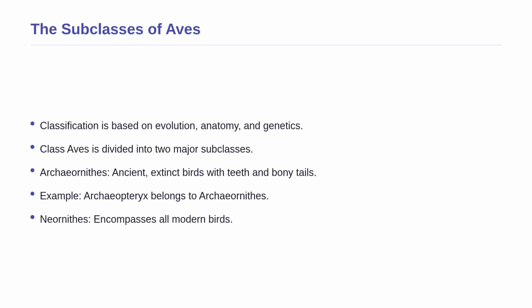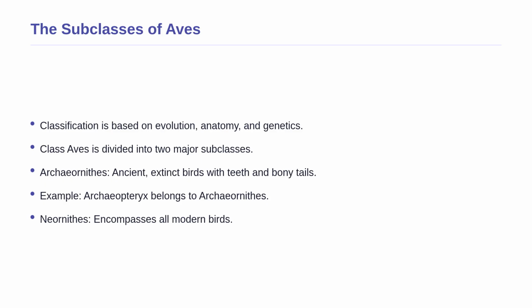Now that we understand the intuition behind grouping birds, let us look at the formal definition. Formally, the classification of Aves is the systematic categorization of birds based on their evolutionary relationships, anatomical features, and genetic makeup. The entire class of Aves is primarily divided into two major subclasses.